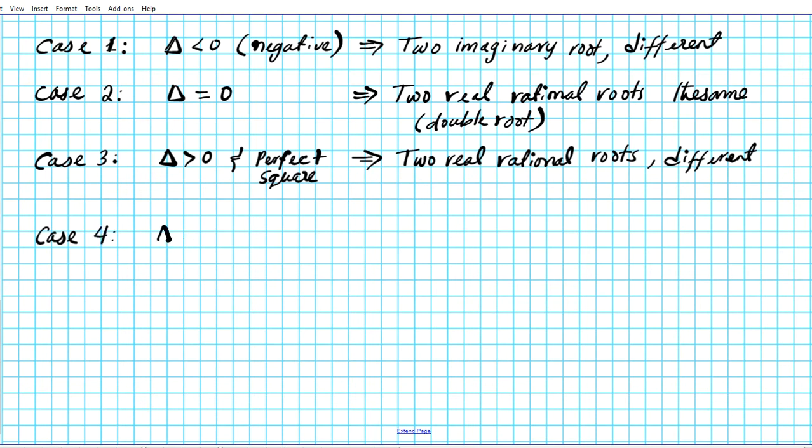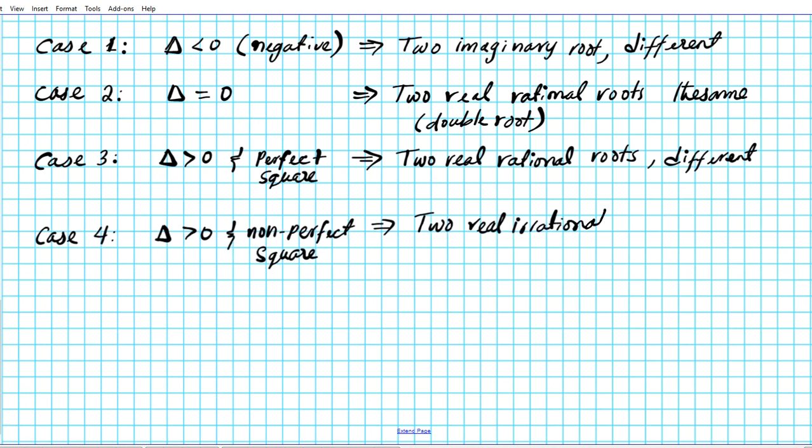What if we have a discriminant value that is greater than 0 and a non-perfect square? In this case, you're going to have two real irrational roots that are different.